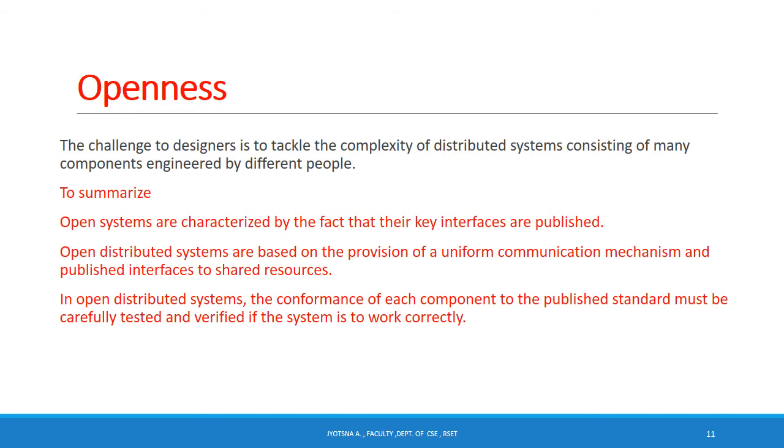To summarize, open systems are characterized by the fact that their key interfaces are published. Open distributed systems are based on the provision of a uniform communication mechanism and published interfaces to shared resources. In open distributed systems, the conformance of each component to the published standard must be carefully tested and verified if the system is to work correctly.